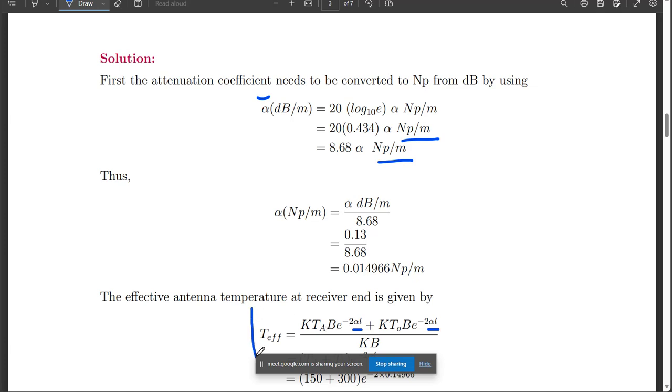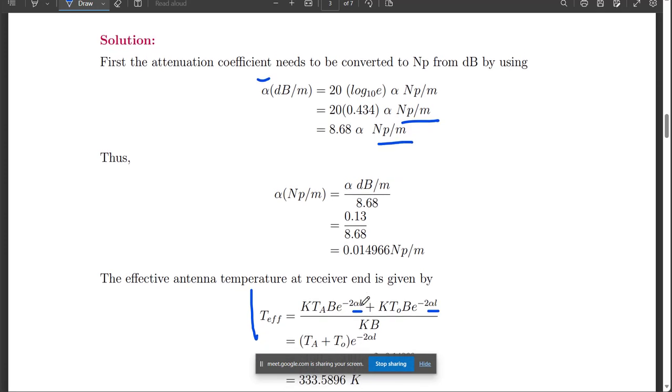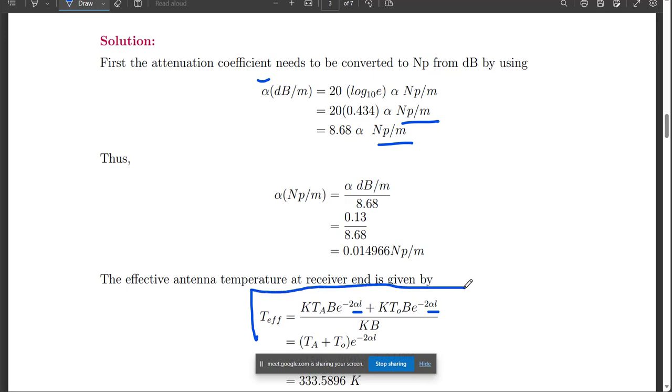So here I am giving you a formula for effective antenna temperature at the receiver.